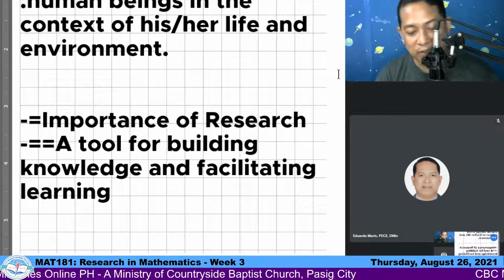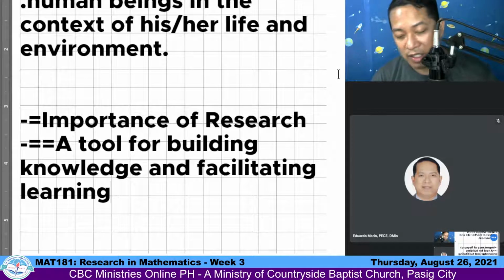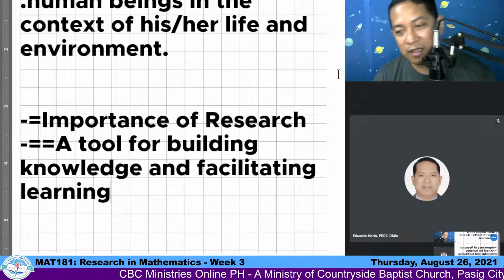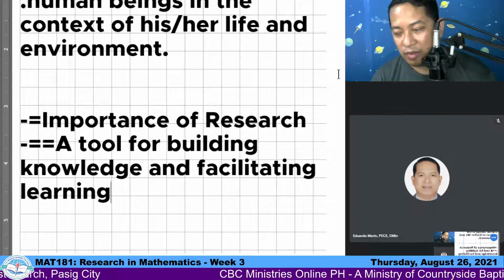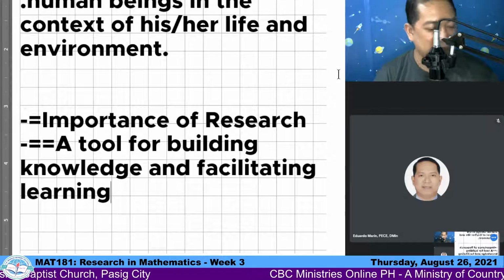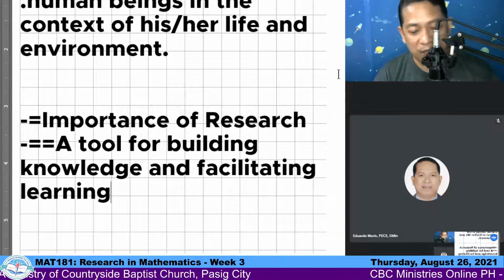Conducting scientific experiments in the laboratory, importante ang laboratory, lalo na sa engineering and science disciplines. So, our lab is very important for us to have some empirical investigations. Interacting with other people, among others.